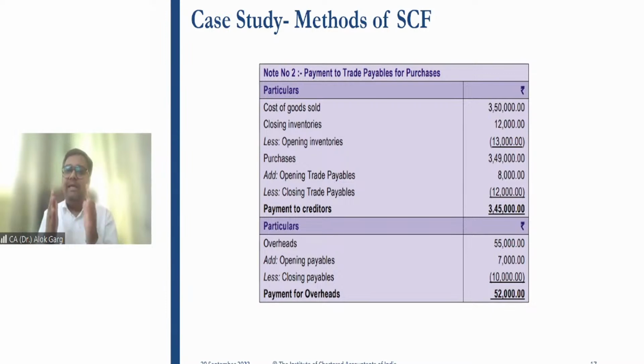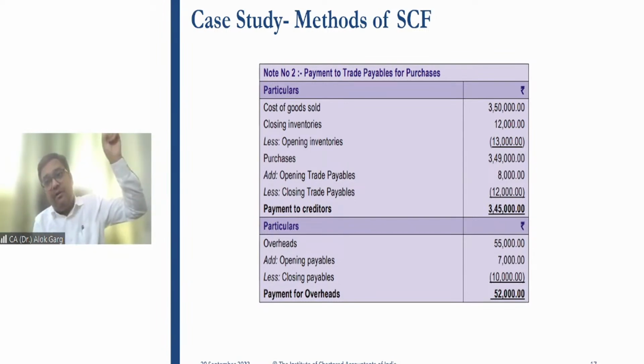And during the year, I have sold goods costing rupees 3,50,000. So my inventory from opening to closing reduced by only 1,000, but I have sold goods worth 3,50,000. So what does it mean? It means 3,49,000 I have as fresh purchases during the year. Is that clear? And how can you derive it? Your cost of goods sold is 3,50,000, your closing is 12,000, your total goods lying in godown and goods already sold is 3,62,000. But you had an opening inventory of 13,000.